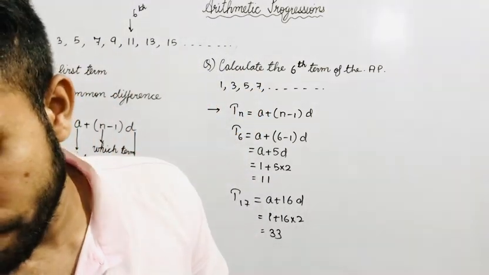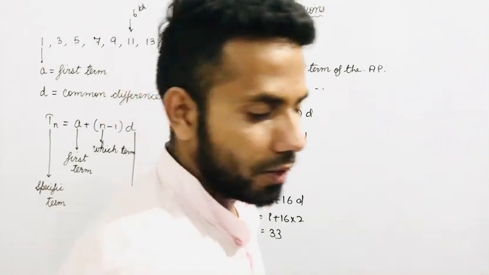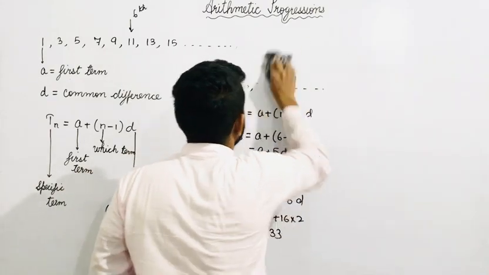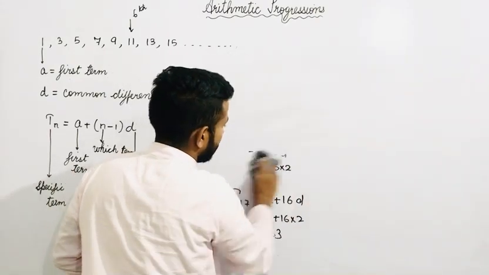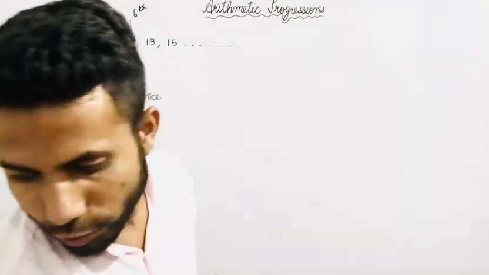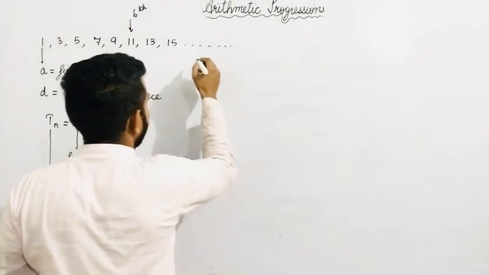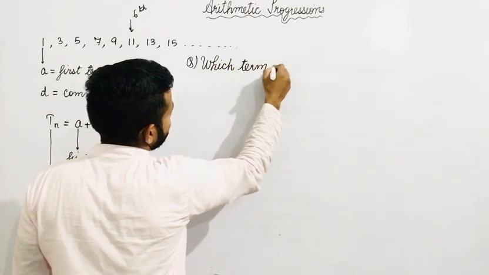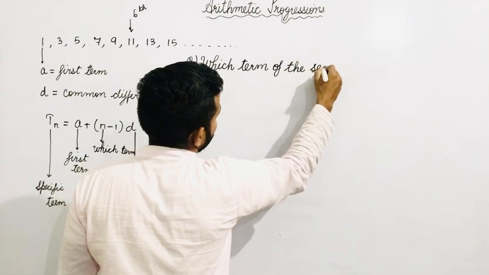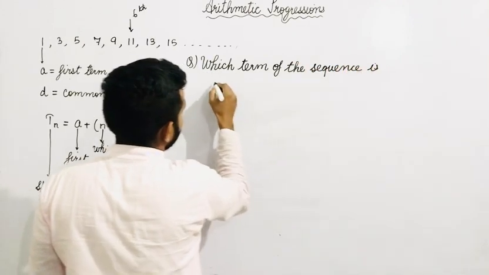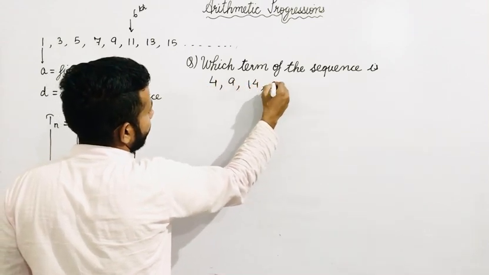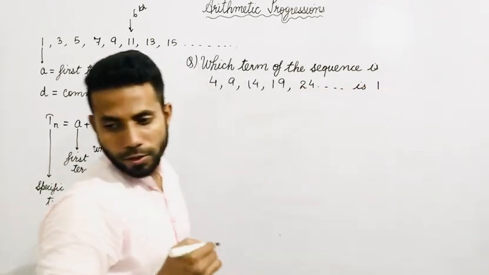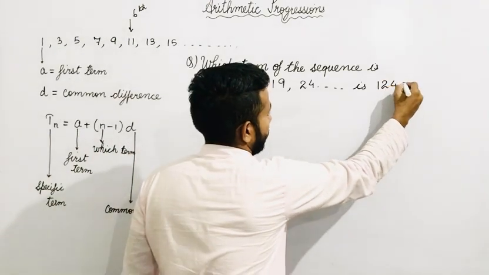For example, let me write the question. Which term of the sequence 4, 9, 14, 19, 24 is 124?